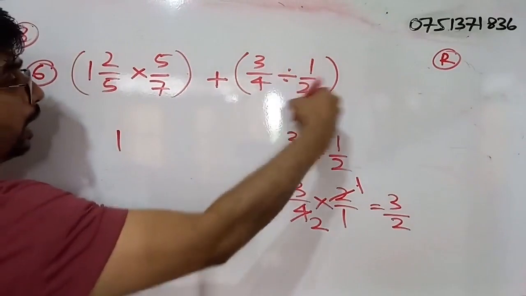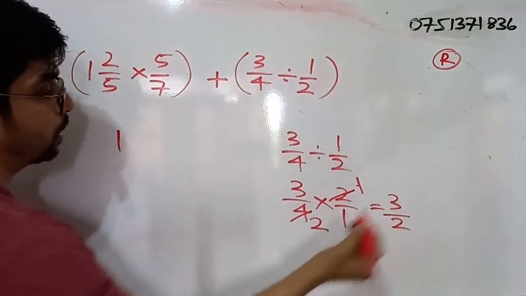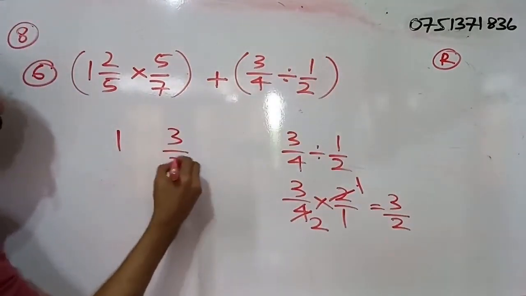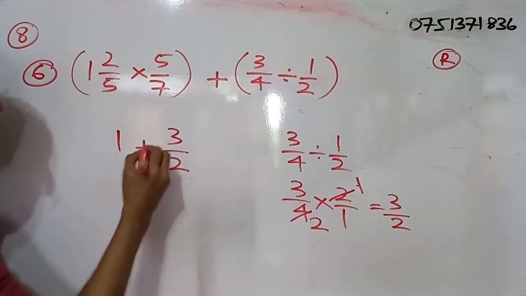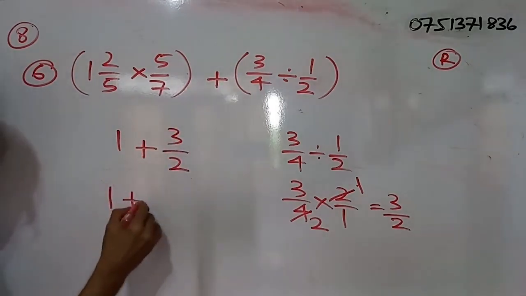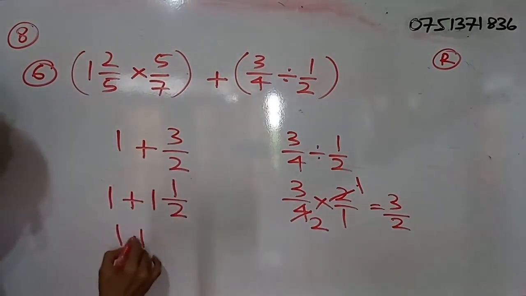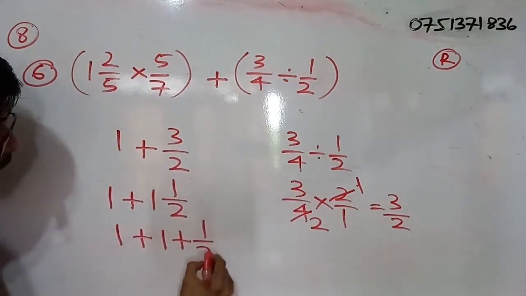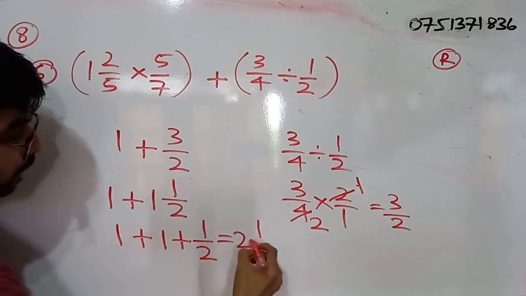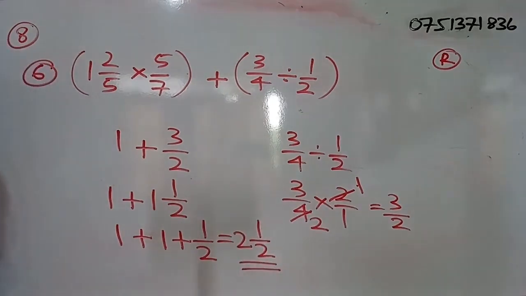So if we consider this bracket, the outcome is what? 3 by 2. And we have to add. Right? So 1 and 3 by 2 means what? 1 half. So 1 plus 1 half, that means what? 2 and a half. That is the answer.